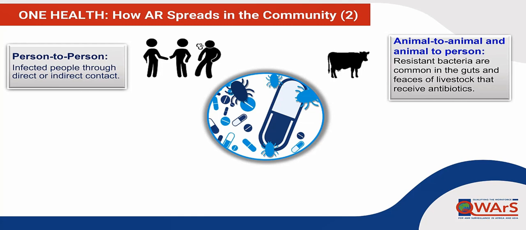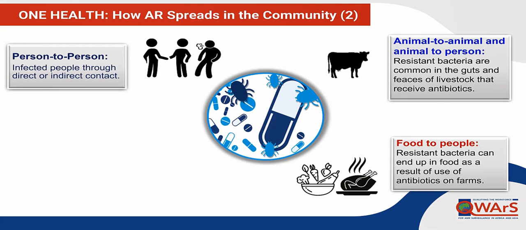Food to people: food contamination, including food of animal origin. Resistant bacteria can also end up in food as a result of agricultural uses of antibiotics. Eating contaminated food may or may not cause symptoms, but the bacteria can spread to other people either way.